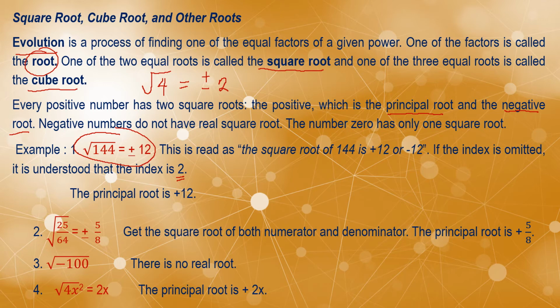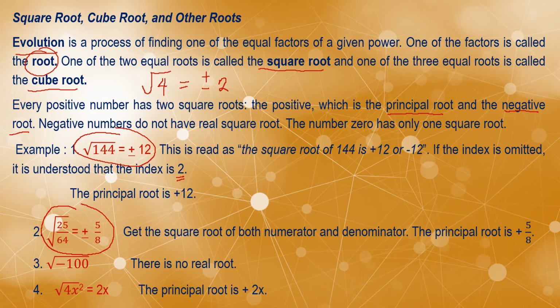So in square root of 144, the principal root is positive 12. Let's have another example. Square root of 25 over 64 is equal to positive 5 over 8 and negative 5 over 8. So we get the square root of both the numerator and the denominator. The principal root is positive 5/8.